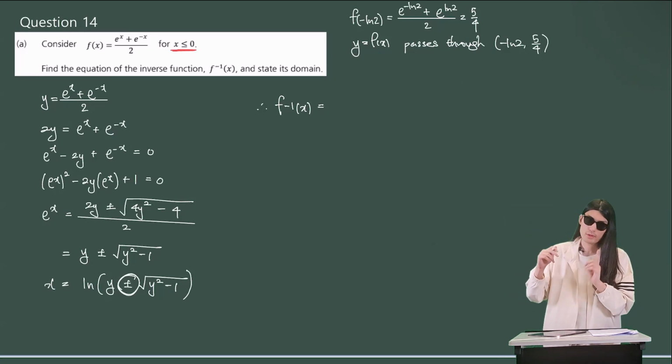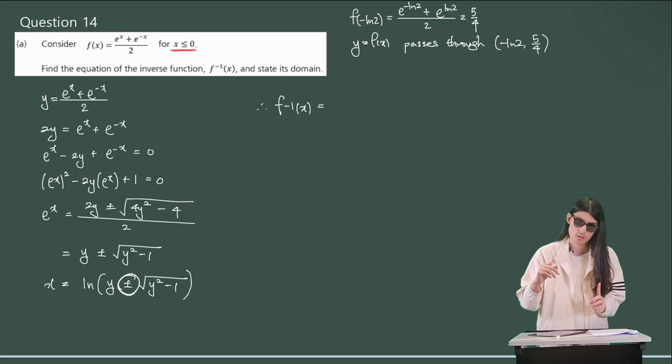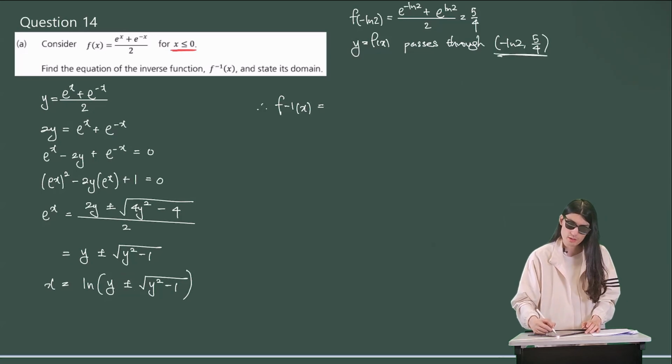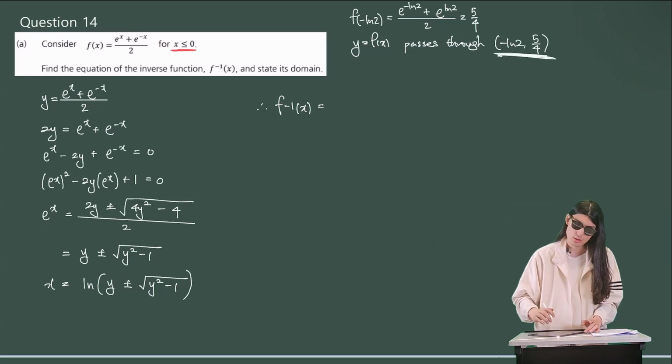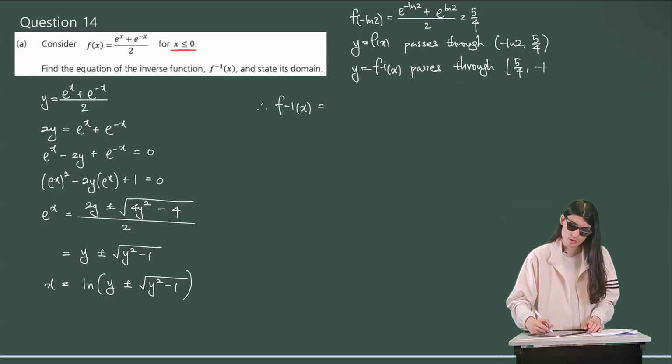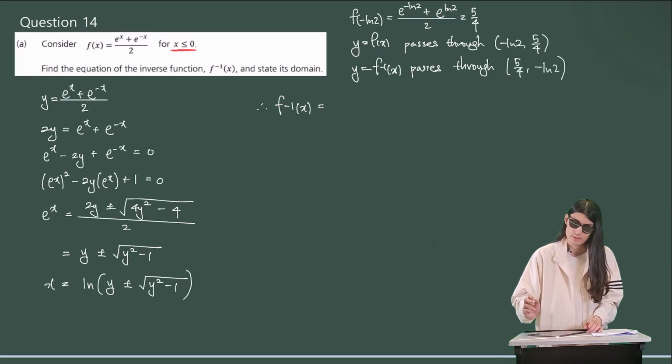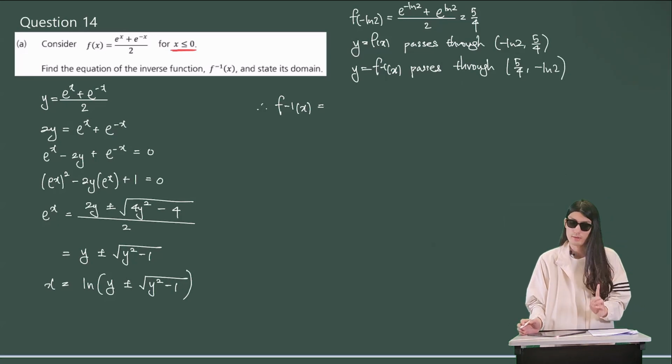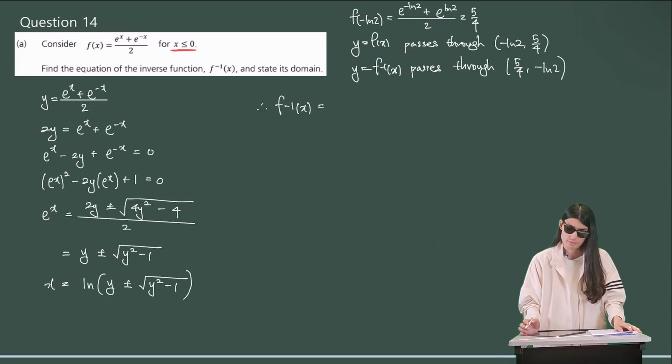Which can be done through the fact that since my function passes through negative ln 2, 5 on 4, my inverse function should pass through 5 on 4, negative ln 2, shouldn't it? That idea.